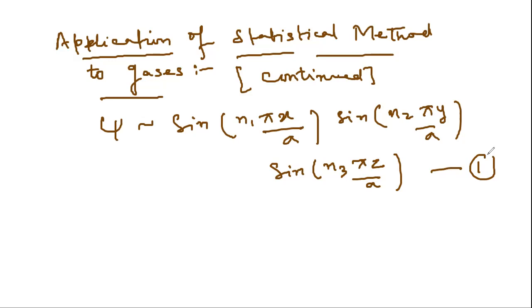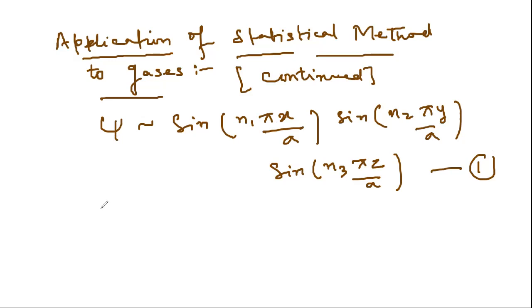First, we wrote this in terms of the wave vector. Let me write that equation. Let me change the color here. So we wrote this psi in terms of the wave vector k.